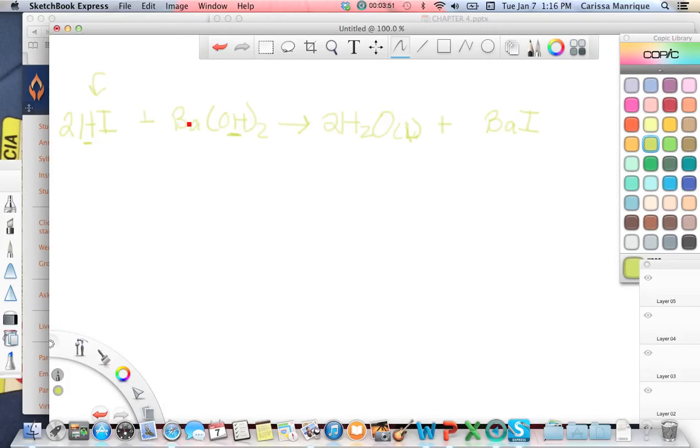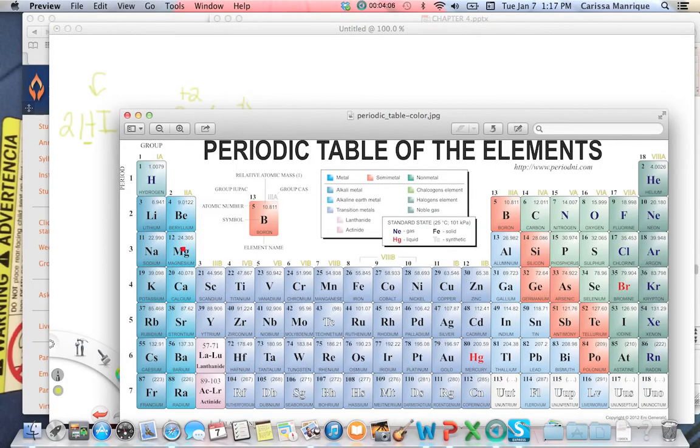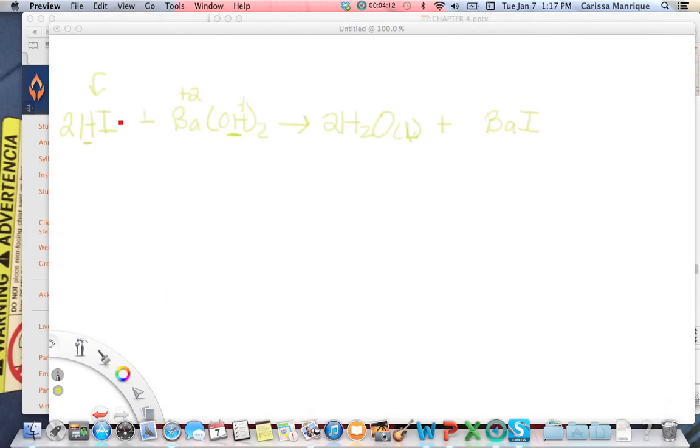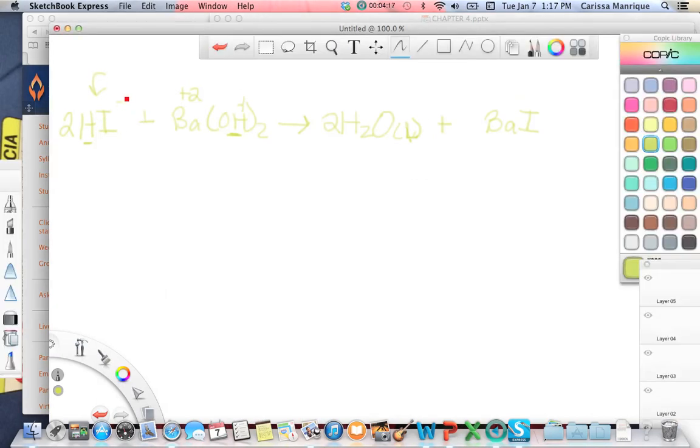Okay, and then barium. OH has a -1 charge, the polyatomic ion. But I have 2 of those, so barium has a +2 charge. Also, barium is in group 2. Let me show you again. Barium, group 2, so it has a +2 charge. Okay, and iodine is in group 7, so it has a -1, and hydrogen has a +1 charge.